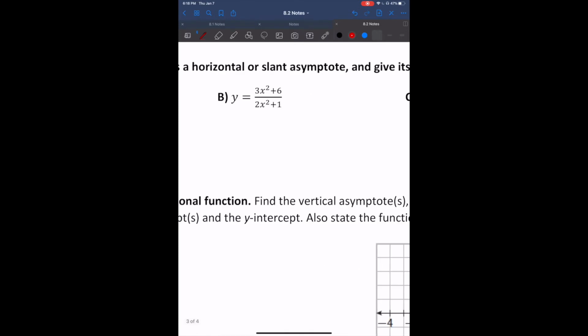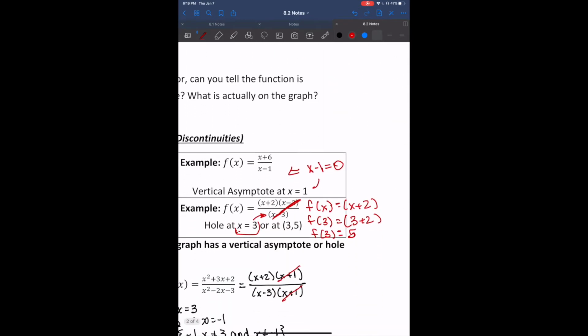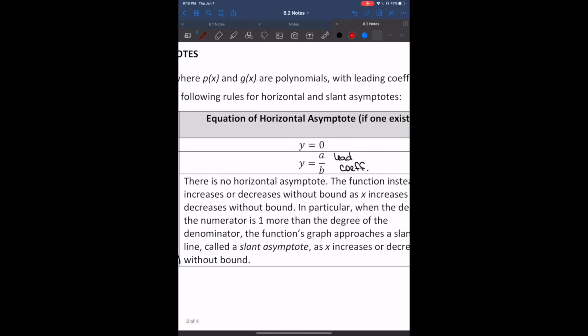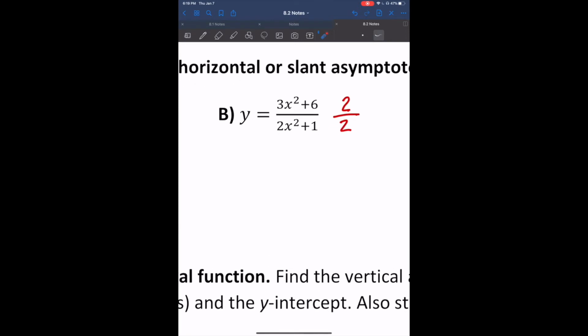Okay. Looking at b, we have 3x squared plus 6 divided by 2x squared plus 1. You can see our degrees are 2 for both the numerator and denominator. So because they have the same value, we know that we're going to have a horizontal asymptote at y equals a over b. So where is a over b?